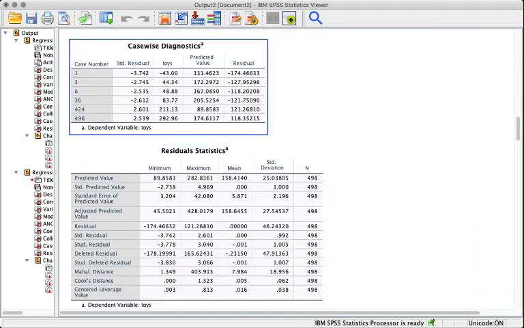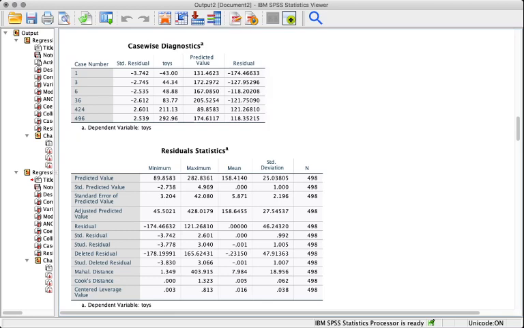But if we look at the case-wise diagnostics, this is actually very helpful because it is essentially telling us, here are some cases that look like they could be problems. It has the number of toys, the predicted value for the number of toys, and then what the residual is, so how far away the actual value is from the line, and then it standardizes it.